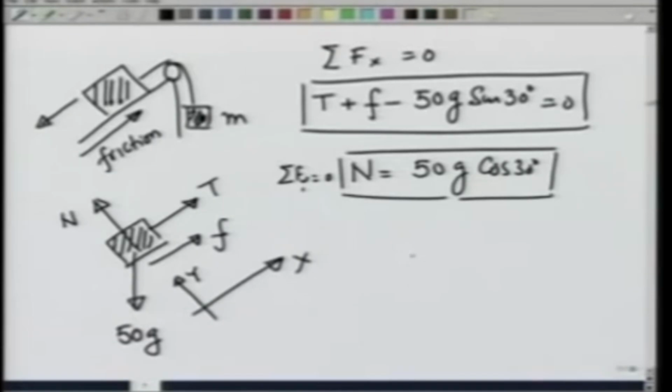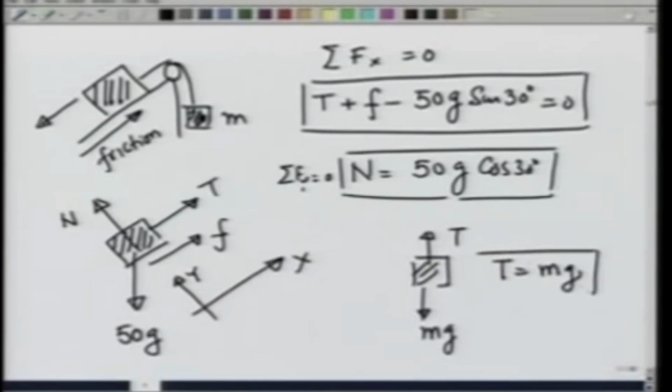If I look at the equilibrium of small mass m, it has only two forces, T and mg, pulling it down. So, T must be equal to mg for equilibrium. So, when this bigger mass has a tendency to move down, the equations for equilibrium are going to be this.